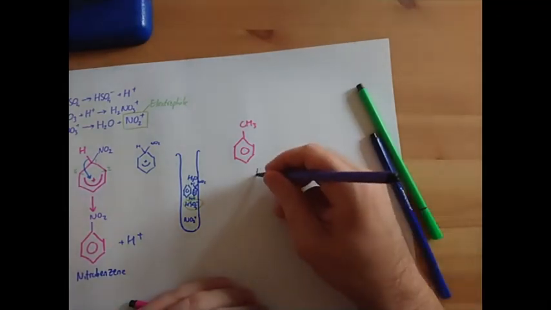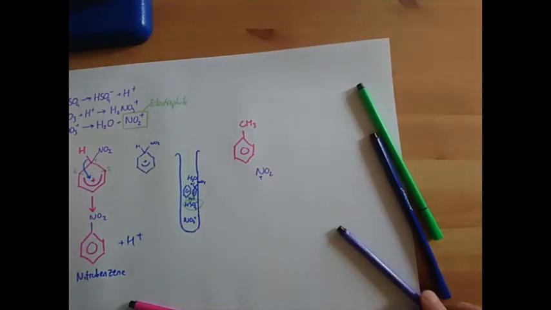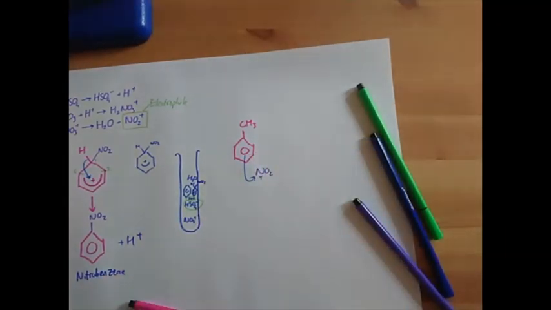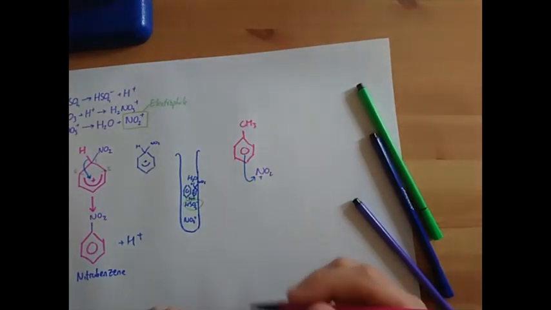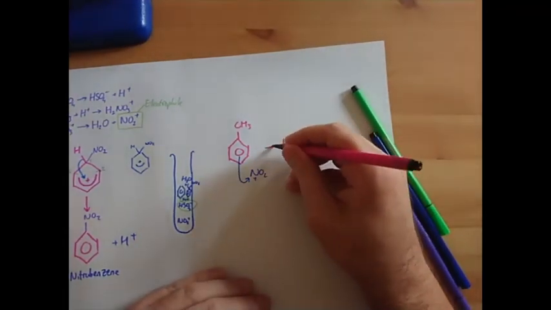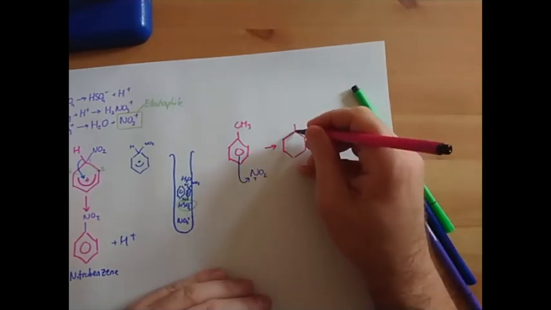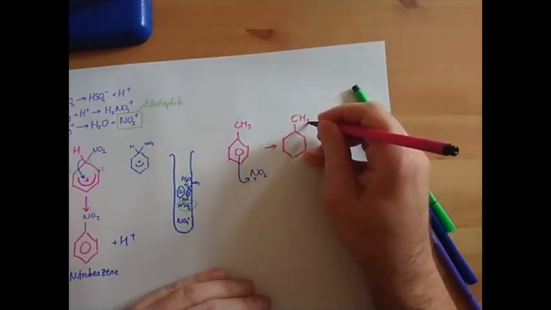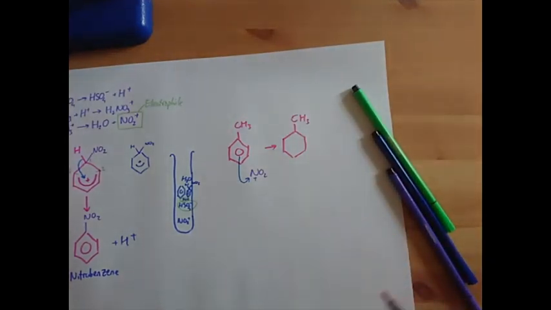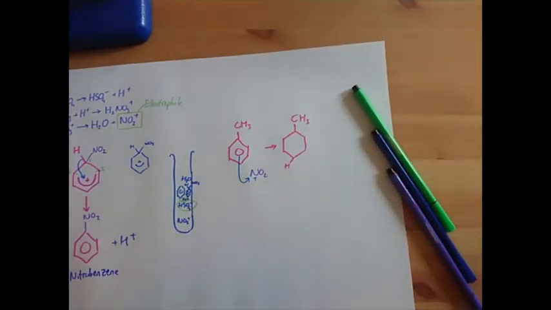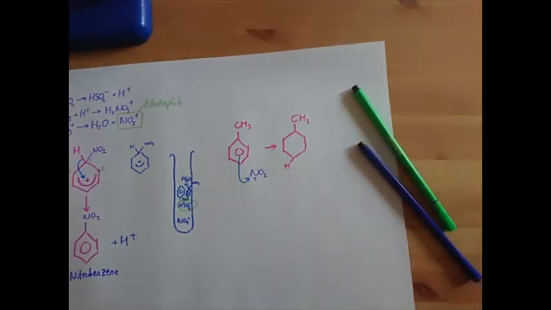This time, my NO2 plus is going to, again, attack the ring. It doesn't matter that there's a CH3 group attached to the ring already. It doesn't care. We're substituting one of the hydrogens on the ring, so anything else attached to the ring doesn't matter. However, this time, we're going to attach it opposite the CH3 group.